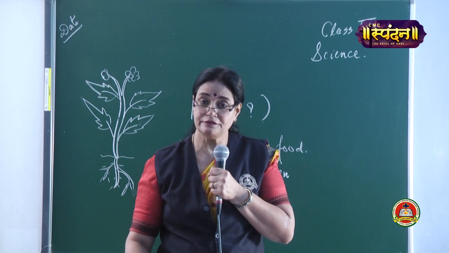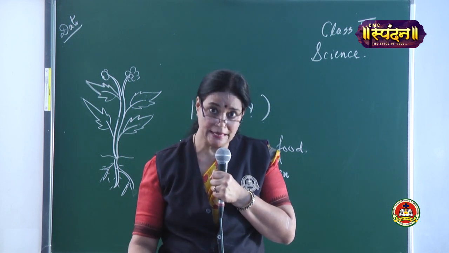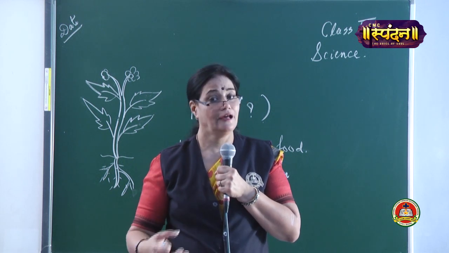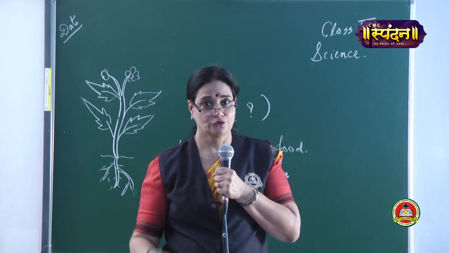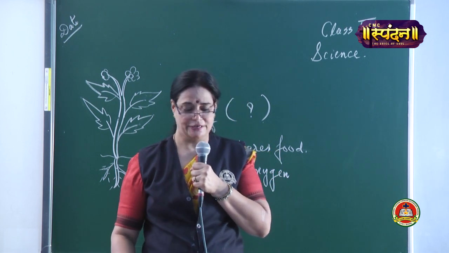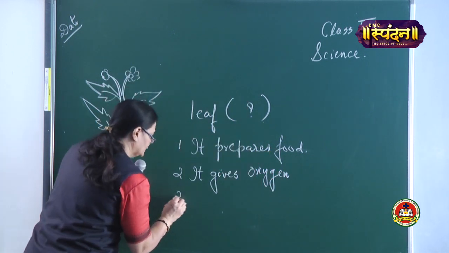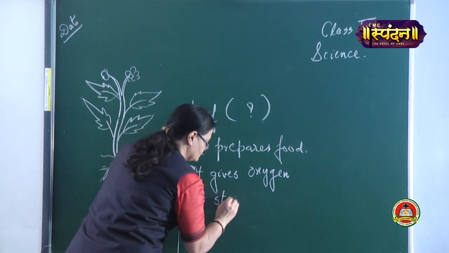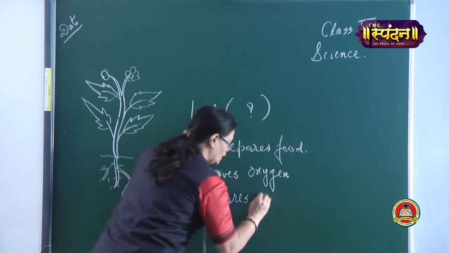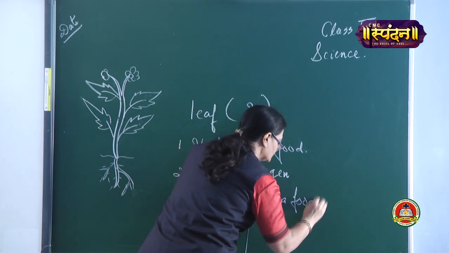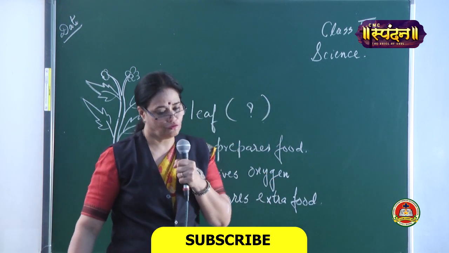We eat flowers of the plant, stem of the plant, root of the plant, fruit of the plant and leaves also. So for leaves, what is the example? Cabbage and spinach. So number 3. Third function is it stores extra food in it. Understood? It stores extra food in it.